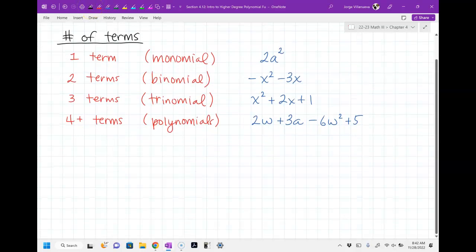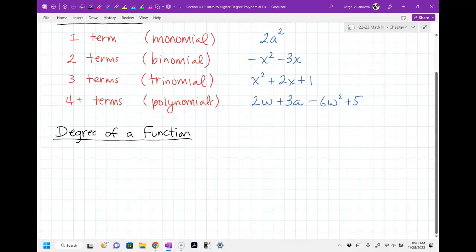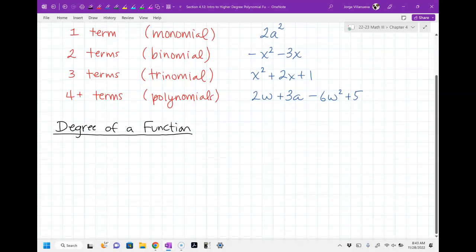Continuing still on the easy portion of it, the degree of a function. Now the degree is the highest power of a function. So let me put that right here.